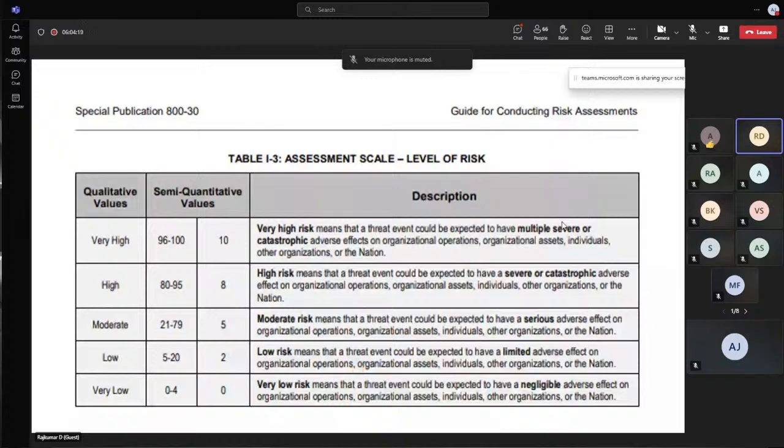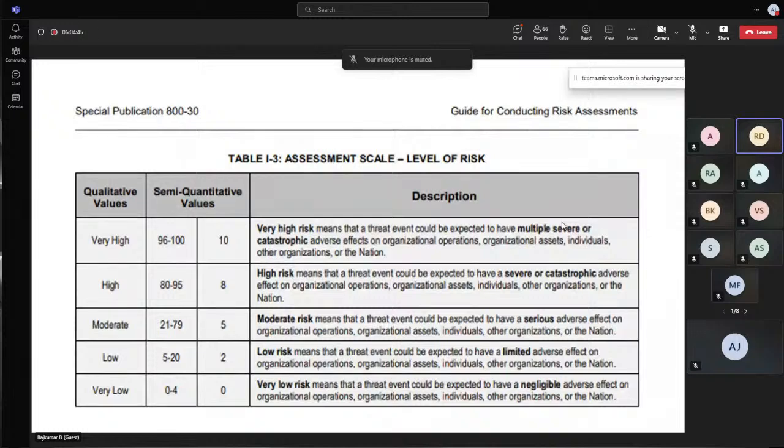We talked about the risk for a while. These are some general classifications in terms of qualitative and quantitative analysis. What numbers do you want to give? Whether you want a scale of 0 to 10, or 1 to 100, or 0 to 100, you can keep it. And in terms of qualitative, whether you want low, high, or low, moderate, high, or low, moderate, very high, it's all up to you how you want to classify.